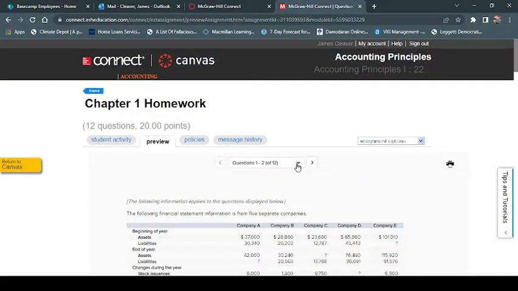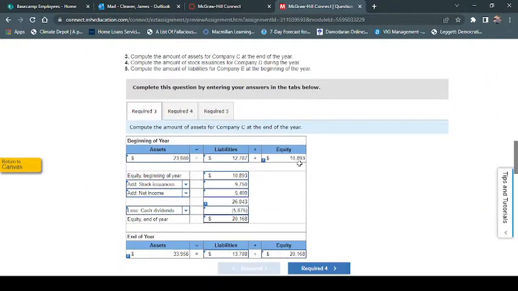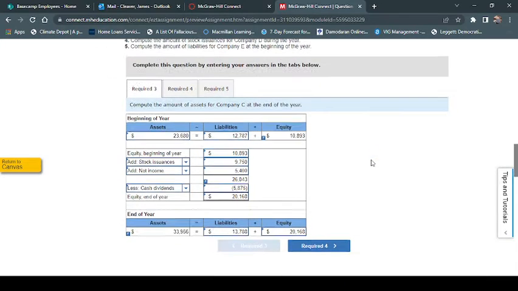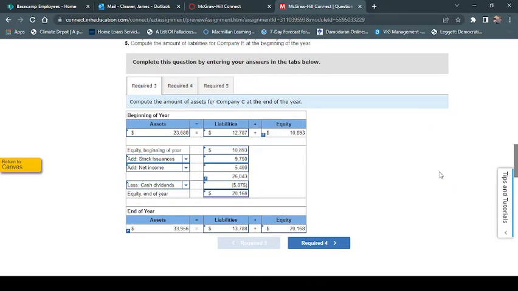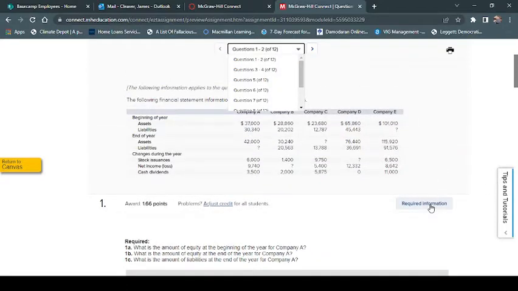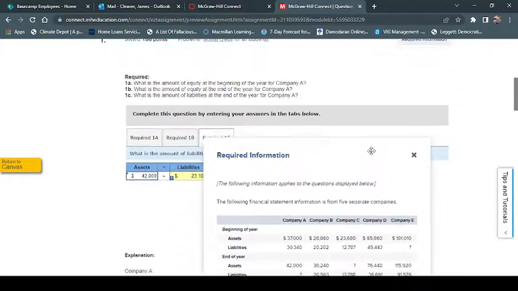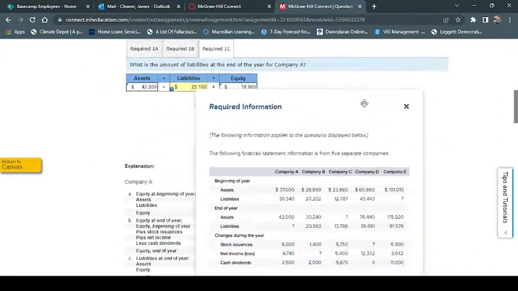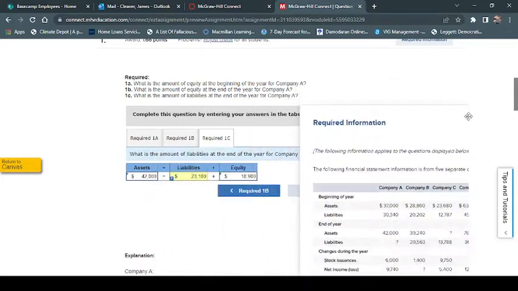Okay, so let's go to number 2 down here. Sort of the same idea, but compute the amount of assets for company C at the end of the year. If you didn't know, you can grab this information and drag it with you, if that makes it easier.